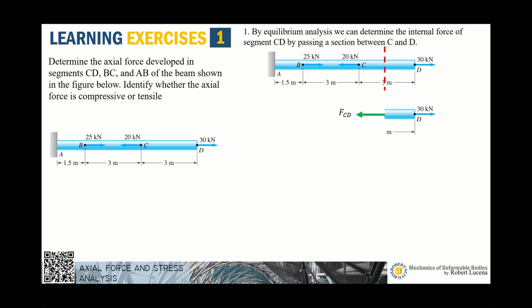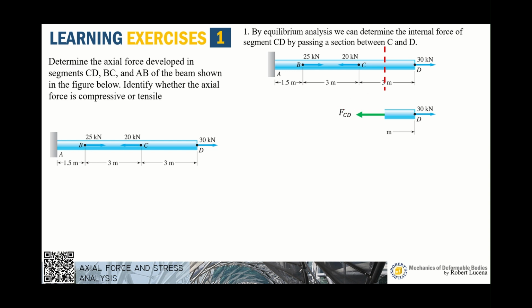But in reality, all objects are subjected to deformation once there is an applied load. So the direction of the internal force is actually assumed, but it is very obvious that since there is a 30 kilonewton force to the right, the internal reaction is directed towards the left.